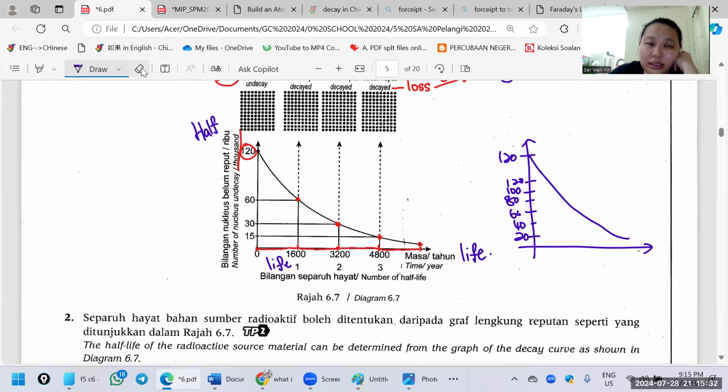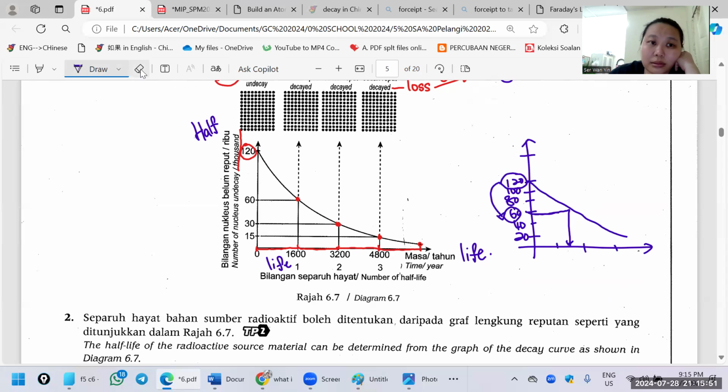Let's say like this, 2, 4, 8, 12. They will ask you how to get the half-life. So you get original 120 become half 60.